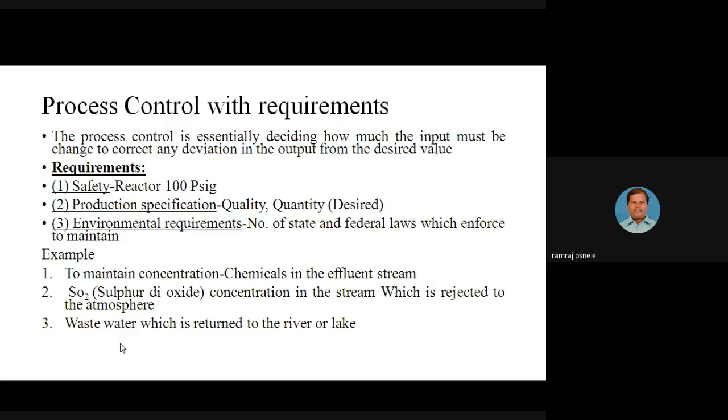Otherwise, you should recycle the wastewater, then only we can allow the water to mix with the river or lake. In that place also, the control system is coming into the picture.